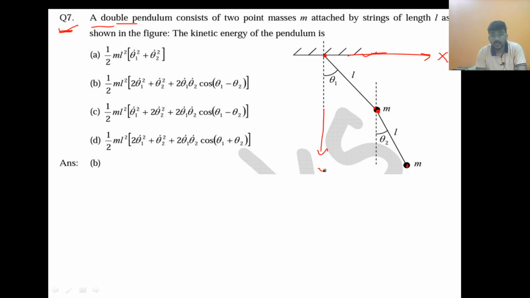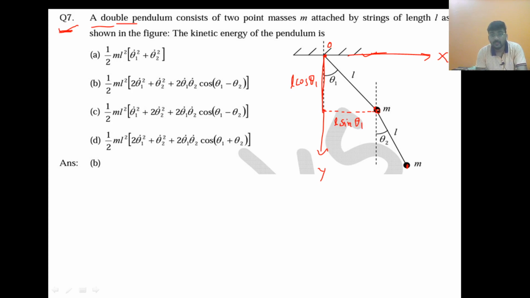What will be the position of this mass M with respect to this coordinate system O? If we draw the perpendicular over here, and this length is L and this angle is theta 1, then this will be L cos theta 1 and this will be L sin theta 1.